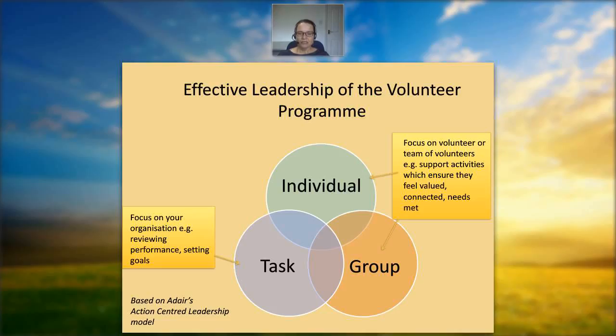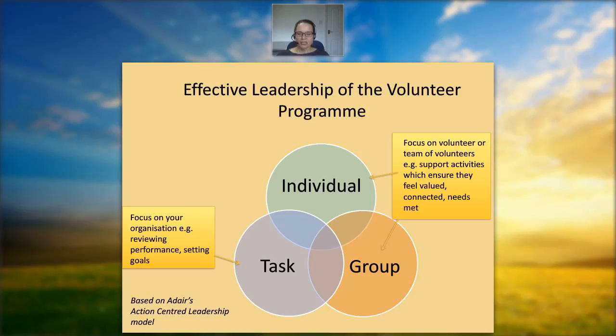This diagram is actually based on something that is a well-known theory of leadership, nothing to do with volunteering at all. It's a broader theory of leadership that has international recognition, and it's called action-centered leadership model. So this model that I've adapted here is based on the Adair's action-centered leadership, if you wanted to read up on that at all.